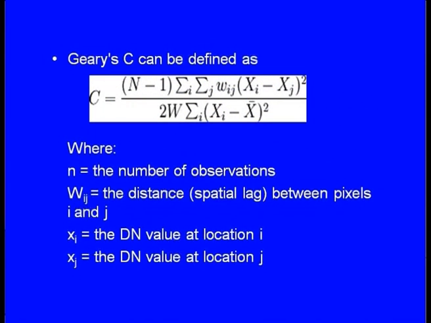Geary's C can be defined as (n minus 1) times the double summation of W_ij multiplied by the square of the difference of x_i minus x_j, divided by 2W multiplied by the summation of (x_i minus x bar) squared, where n is the number of observations, W_ij is the distance or the spatial lag between pixels i and j, x_i is the DN value at the location i and x_j is the DN value at location j.